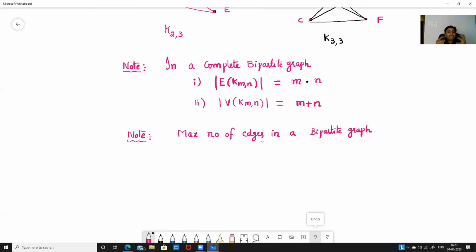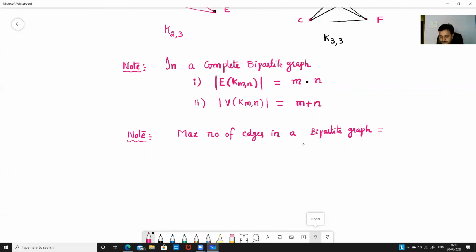I'm not talking about complete bipartite graph. Obviously, in a complete bipartite graph the number of edges is m into n. But here I'm talking about the max number of edges in a bipartite graph. How will you get the max number of edges in a bipartite graph?